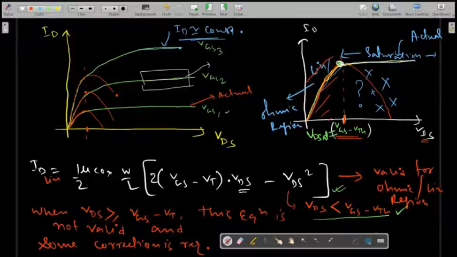No, sir, it is slowly increasing. It is slowly varying.